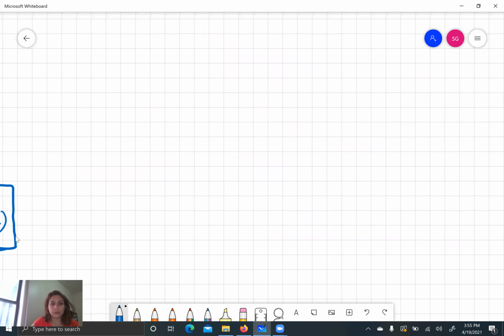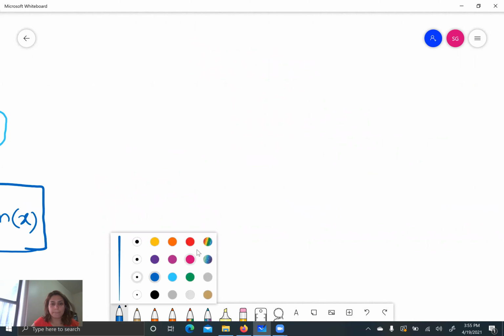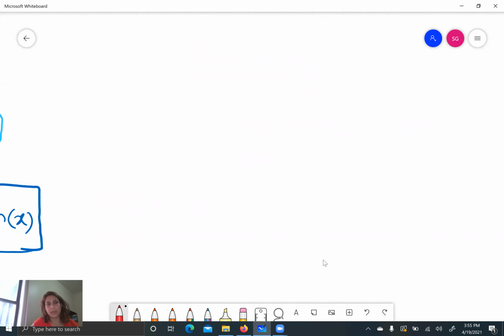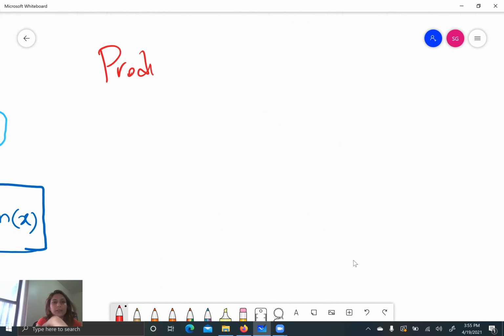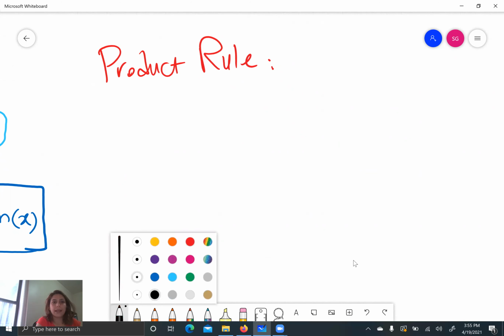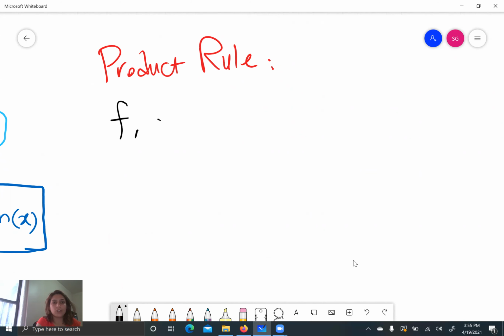So the product rule. Here is the product rule. It says that you have two functions, f and g, which are two differentiable functions.